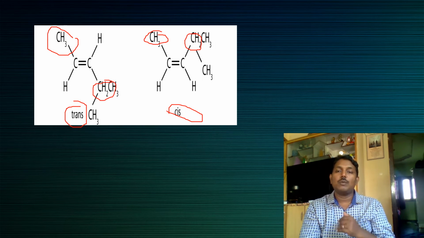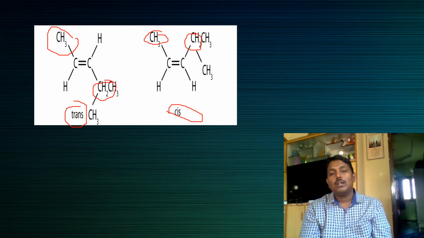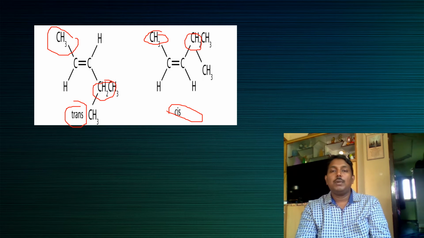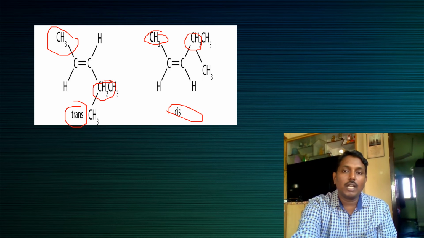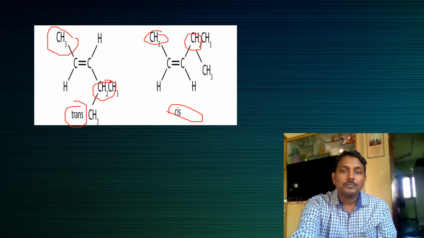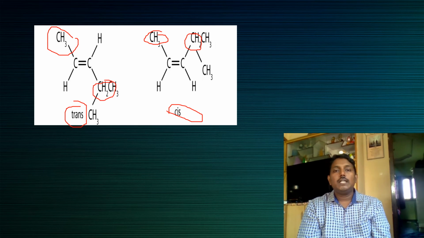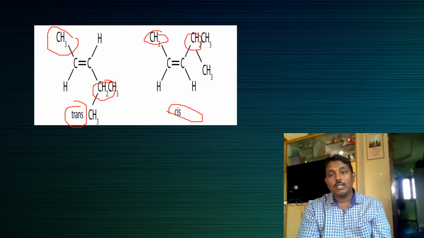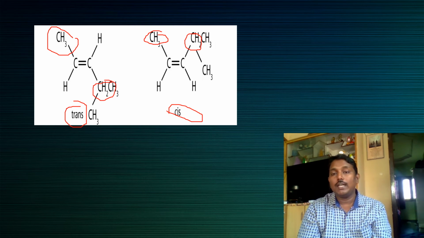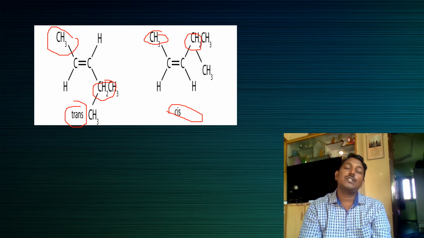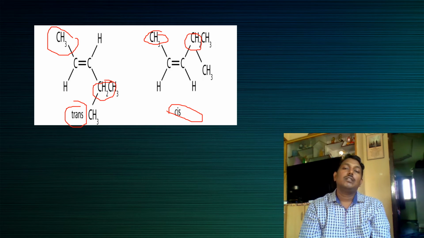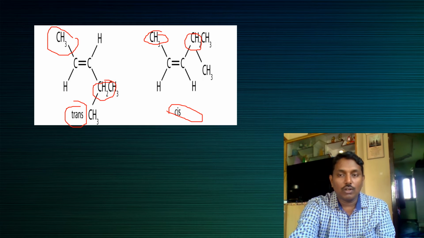So the cis isomer is converted into a trans isomer, in a way paving the way towards a risk of coronary artery disease. These trans isomers raise the levels of triacylglycerol and LDL cholesterol. Whenever the triacylglycerol and LDL cholesterol levels are raised, this increases the risk of coronary artery disease.